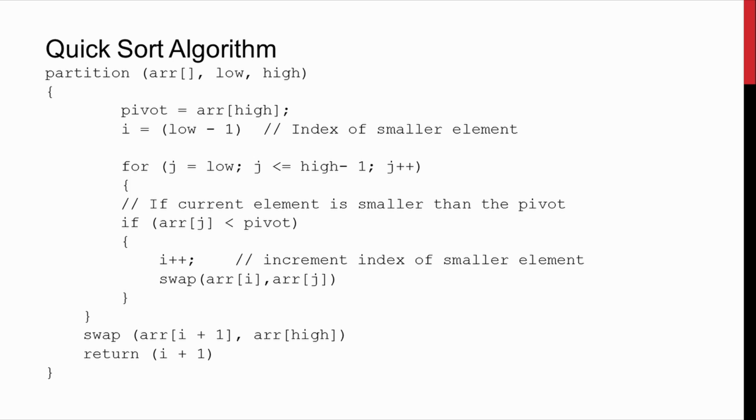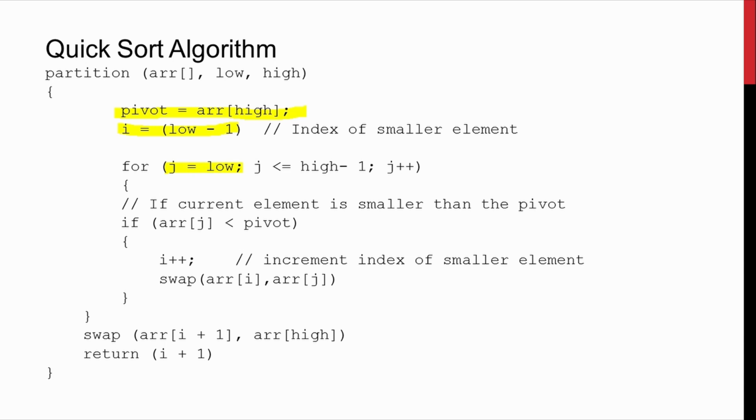And in the partition function, we have 7 steps. Step 1, choose the highest index value as the pivot. Take two variables i and j, pointing to the low index of the array. This is the i and this is the j variable.